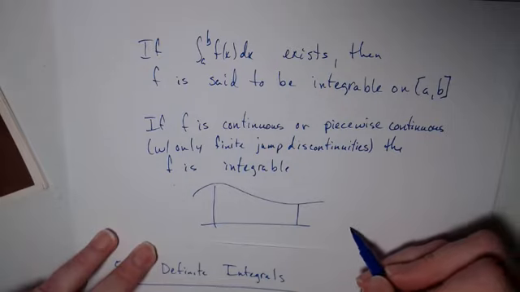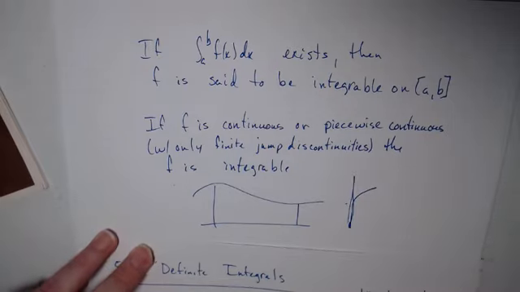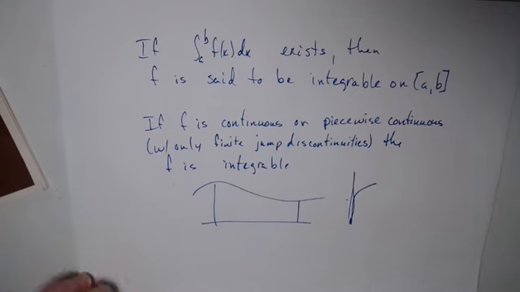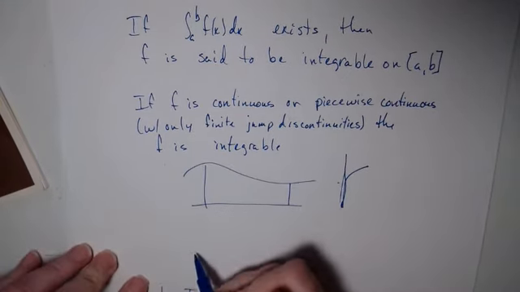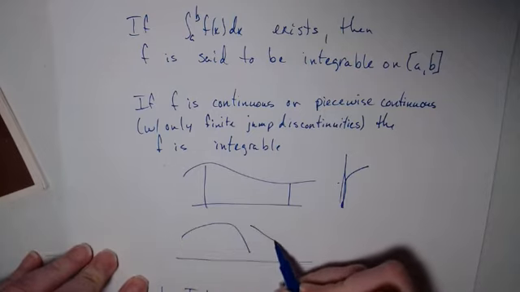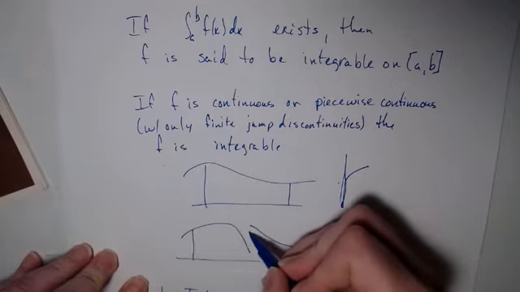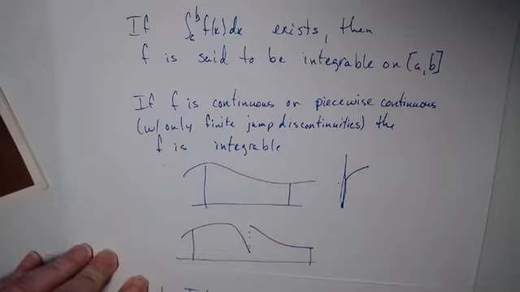If it's not continuous, but I only have so many jump discontinuities, then I can still find this value.